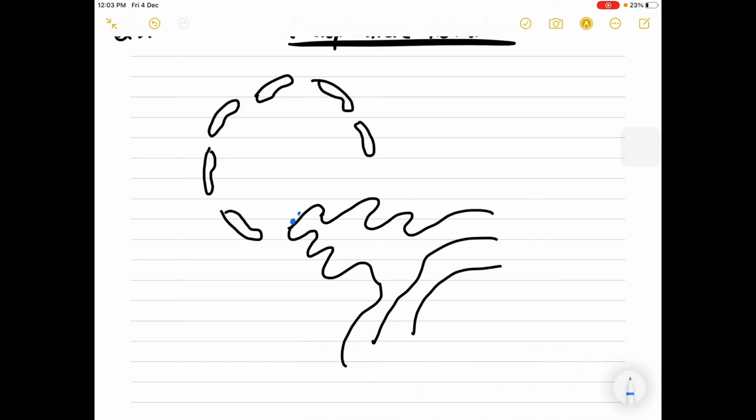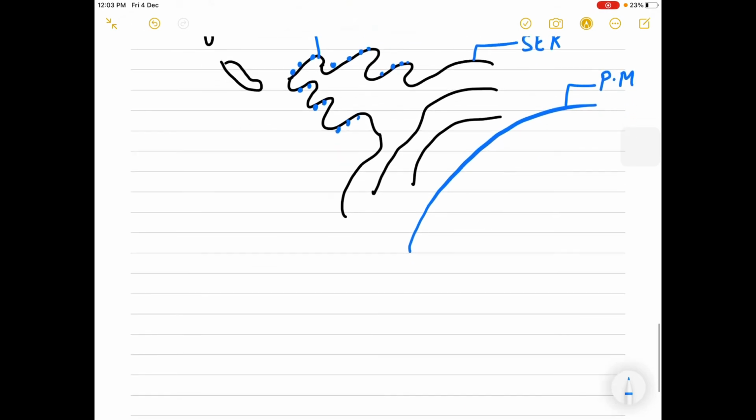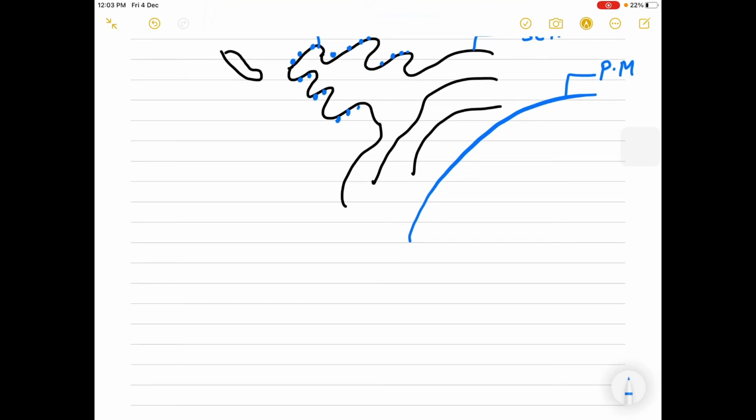Few are having ribosomes on their surface, so that will be called the rough endoplasmic reticulum. So this is our RER and this is SER, and here is present your plasma membrane. This you can draw in your exam time. But what this structure actually is, it is a large network.